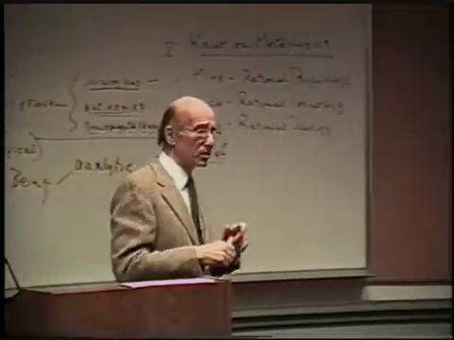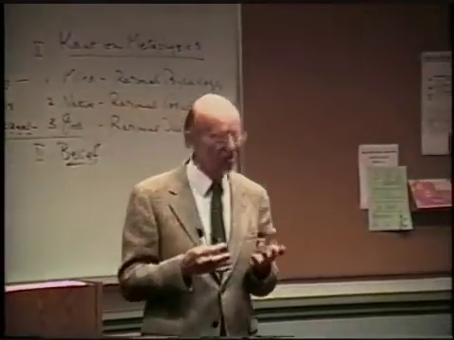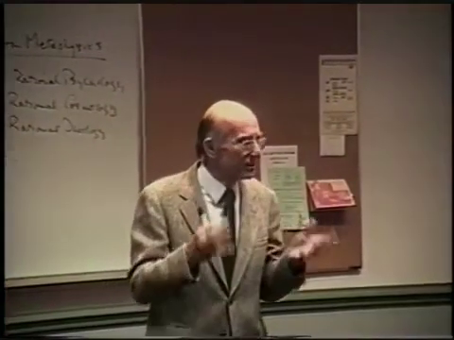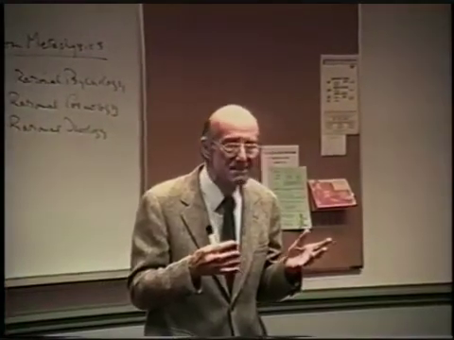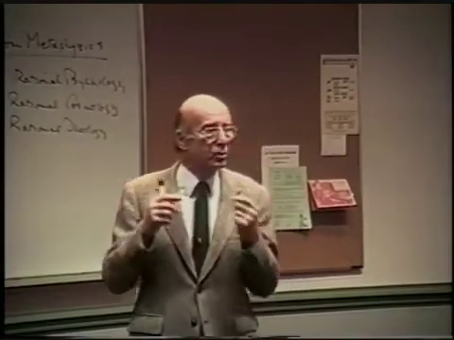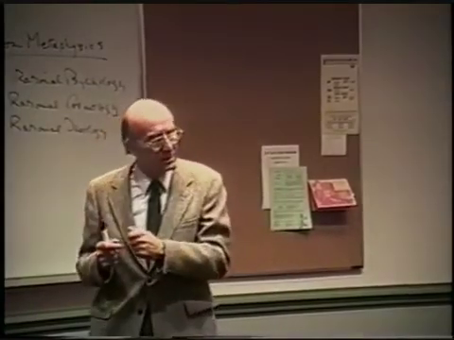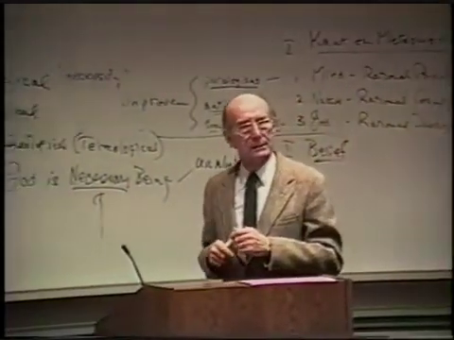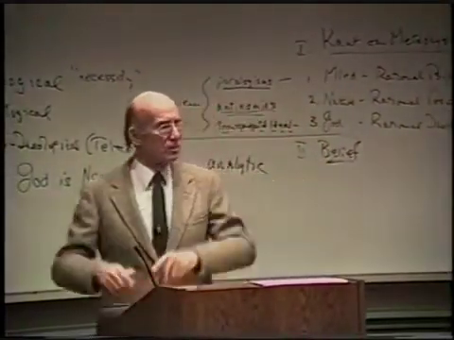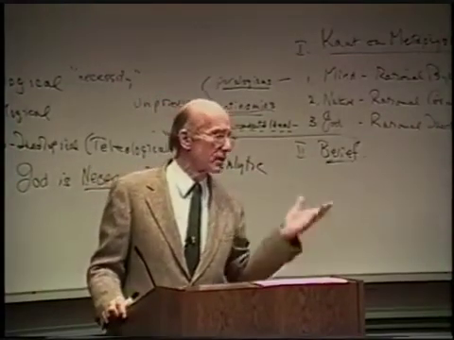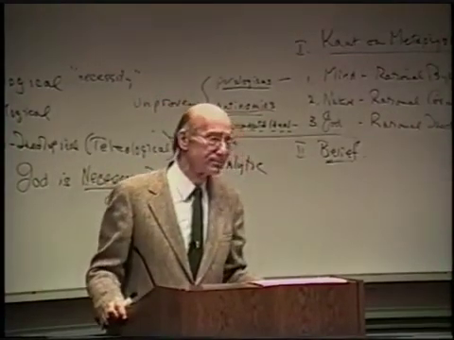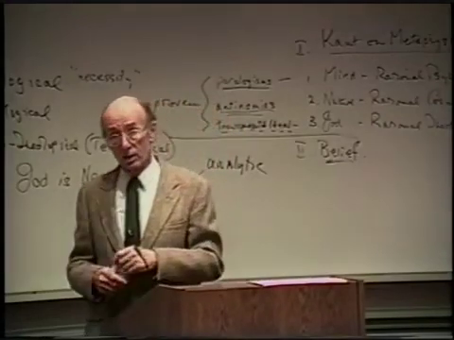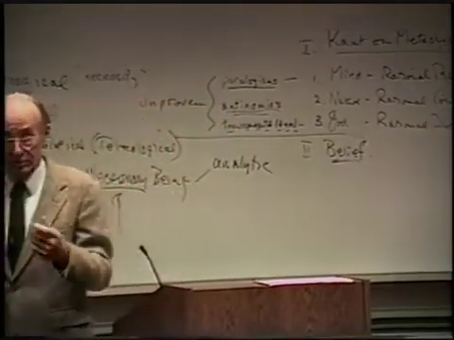That is to say, it assumes the contingency of the cosmos on a necessary being. So it assumes the very thing which the ontological argument assumes. The cosmological argument presupposes the conclusion of the ontological argument. Now, of course, he could also have said that the concept of causation itself is an a priori category.